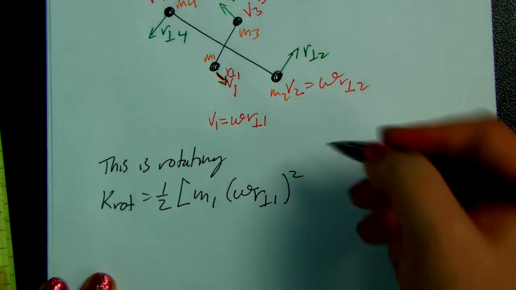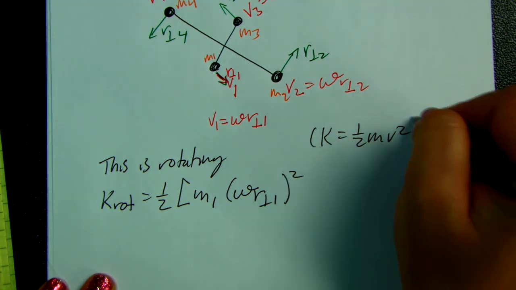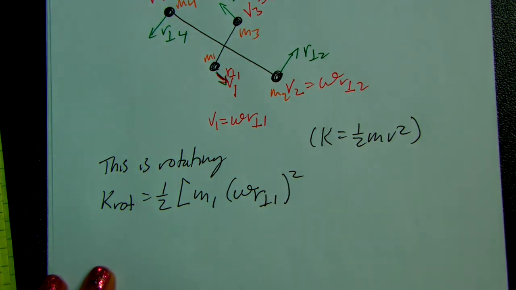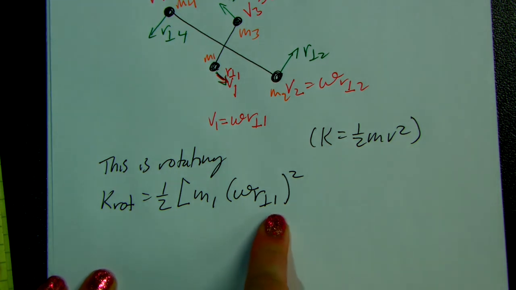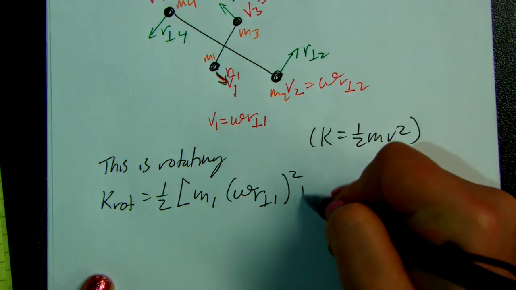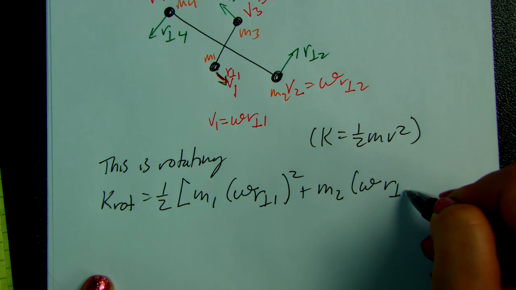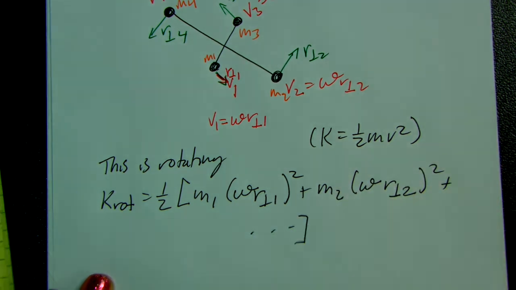We're using our standard expression of kinetic energy, 1/2 mv squared, and trying to use that idea to think about rotational kinetic energy, using our brand new expression for linear speed in terms of the angular speed. Plus m2 times the quantity omega r perpendicular 2, squared, plus the last two.